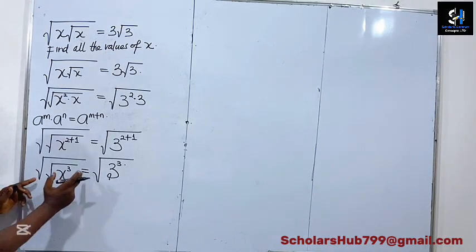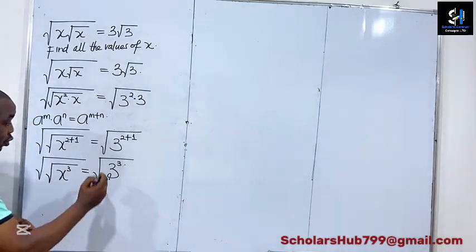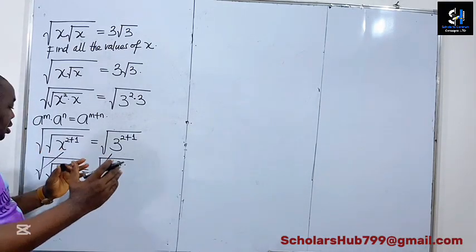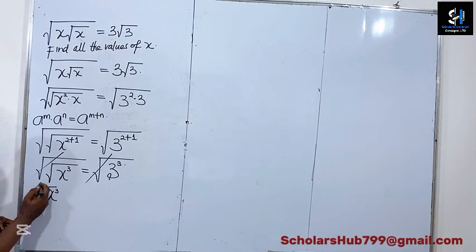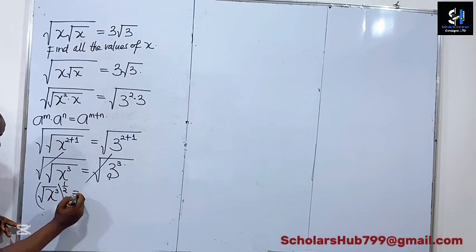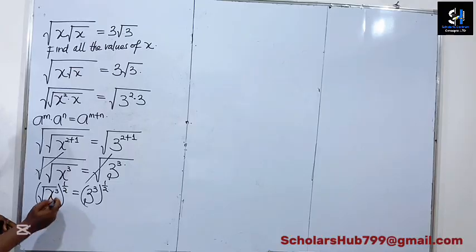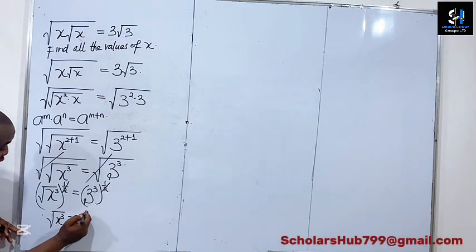Now we can see that the two sides contain square root, so this will cancel out. That is when we write this as square root of x cubed raised to the 1/2 equals 3 cubed raised to the 1/2. So this will cancel out. Then we'll be left with the square root of x cubed equals 3 cubed.